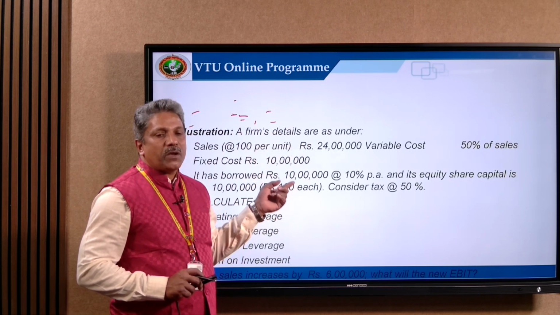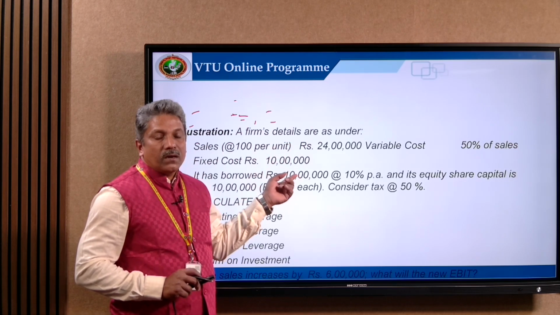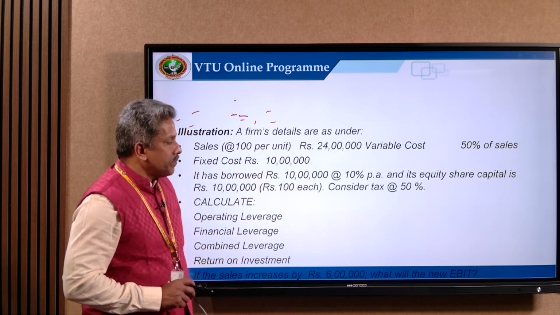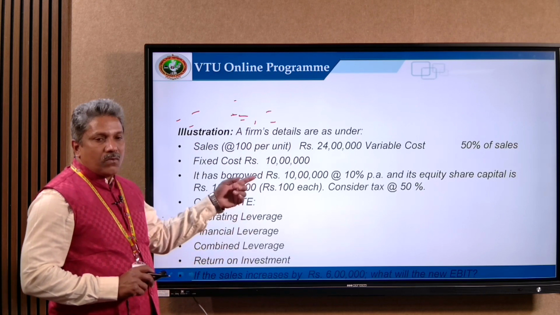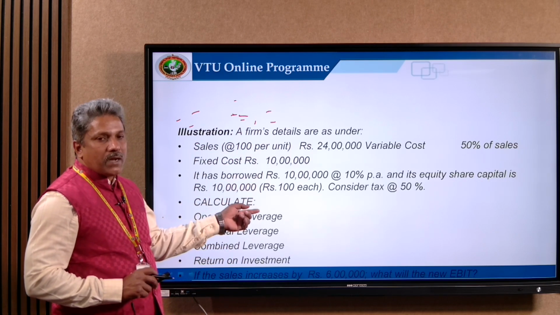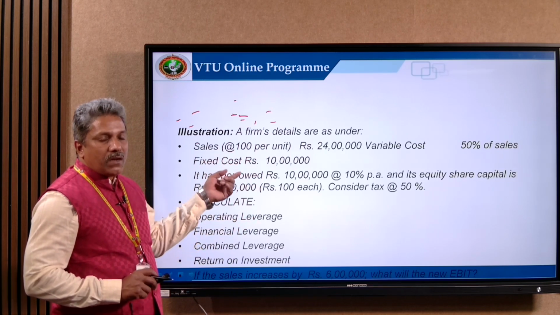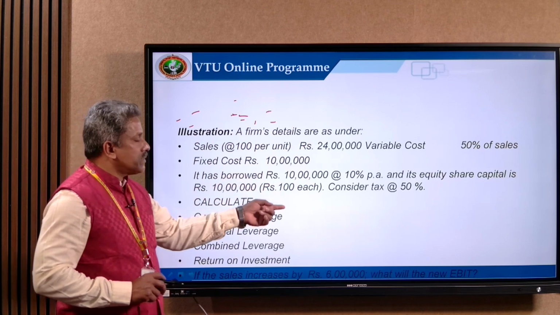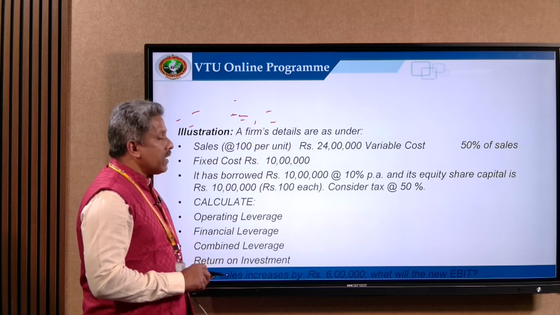With that information we can calculate financial leverage. Then to find out return on investment, we need to calculate profit after tax. For that, from earnings before tax 50% tax is to be deducted.